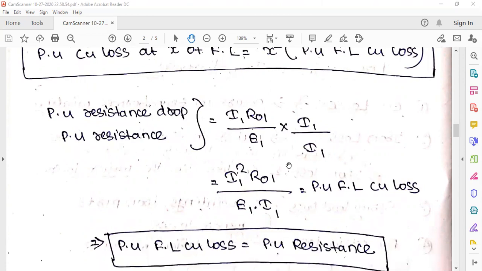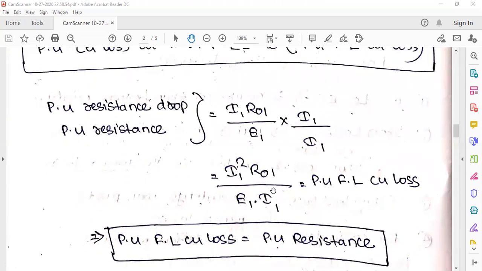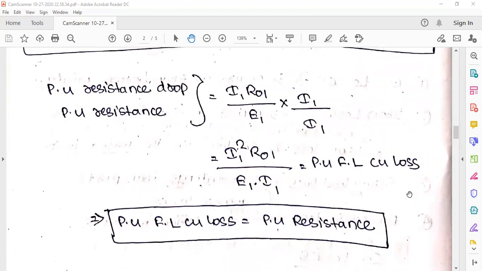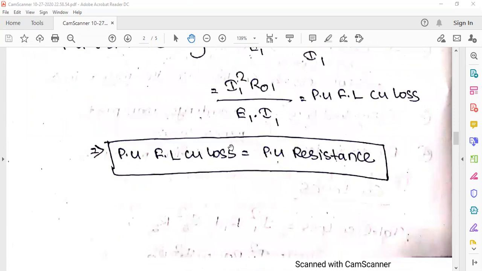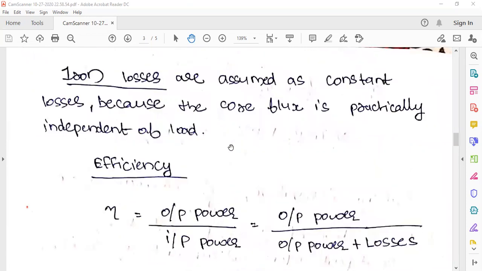So numerator and denominator we multiply with I1, so it will be I1 square R01 by E1 I1, which is equal to per unit full load copper loss. You can guess this in your quiz or multiple choice questions, objective exams. Per unit full load copper loss is equal to per unit resistance. Okay, good. So now we are done with copper loss.